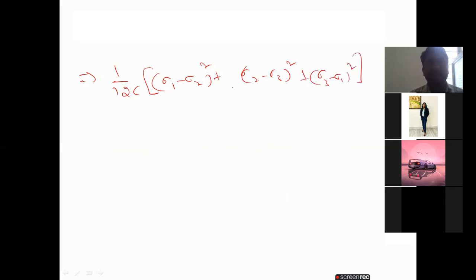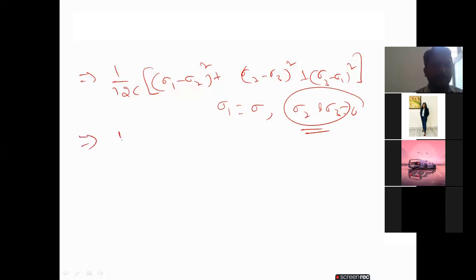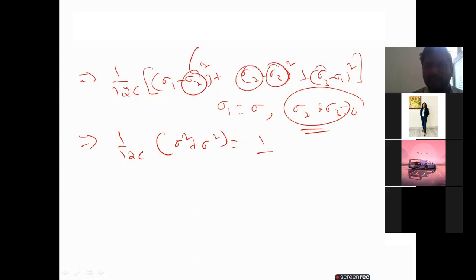If you observe here, sigma 1 equal to sigma, and sigma 2 and sigma 3 are zeros. So it is 1 by 12C into sigma square plus sigma square, and the remaining terms are 0. So 1 by 12C into 2 sigma square.